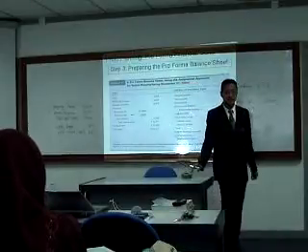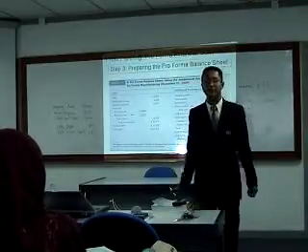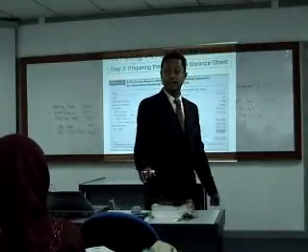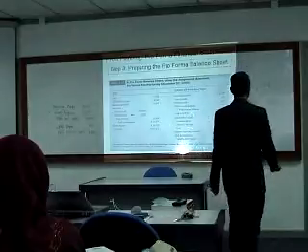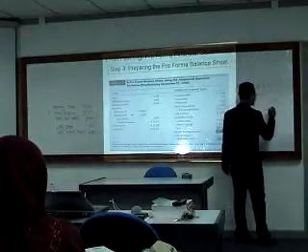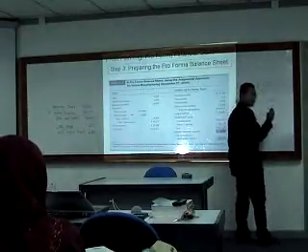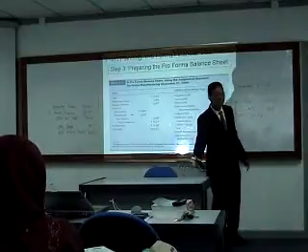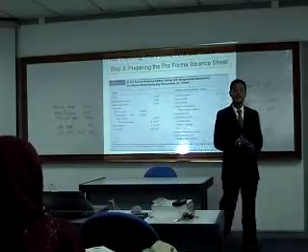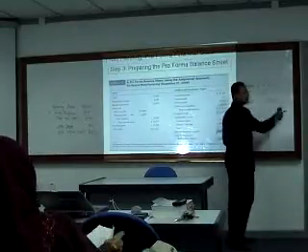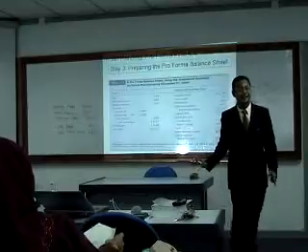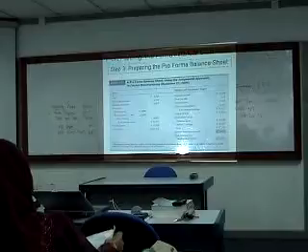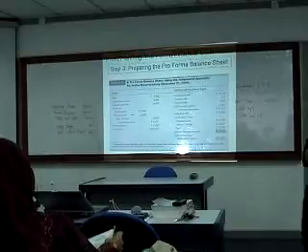How much from the pro forma income statement? 6,358. 10,300. 10,327.